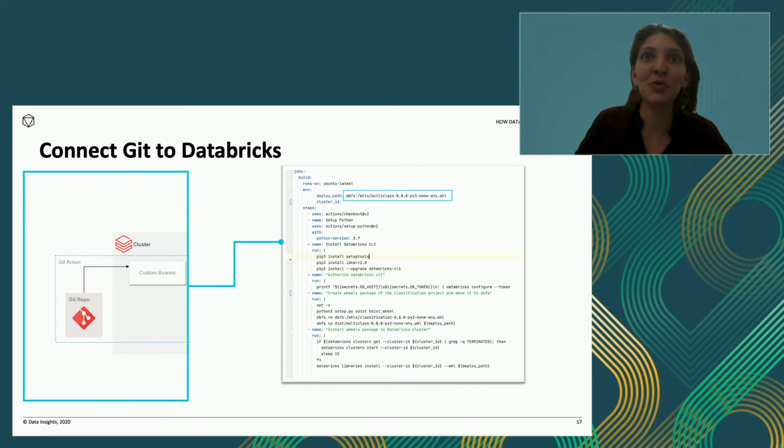You can check the code, take inspiration. The main idea is that from our custom library, we package the library as a wheel file, and every time we align the Databricks cluster with Git, with the Git master, uploading every time the new version of the classification model in the cluster itself.